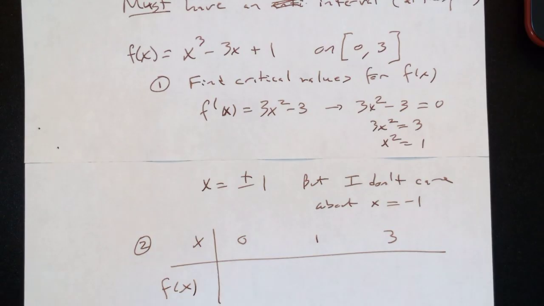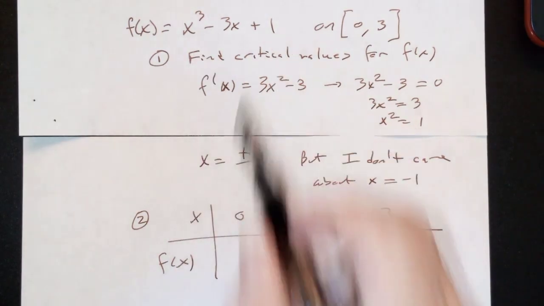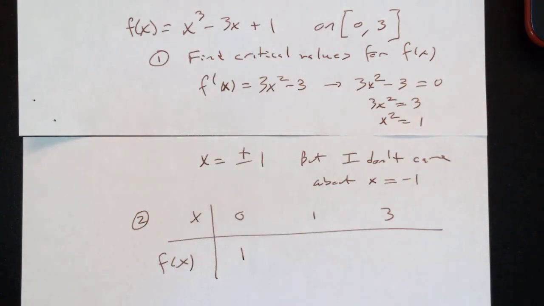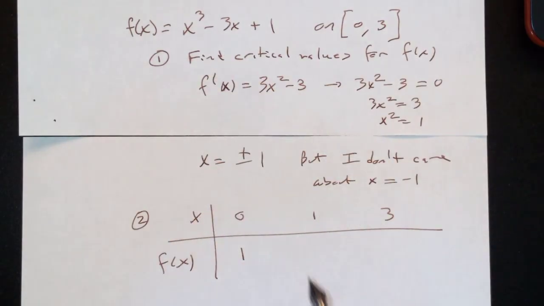Now all you have to do is take those x values and plug them in to f, not f prime, the original equation. So if I put in 0, I get 1. If I put in 1, 1 cubed minus 3 plus 1, I get -1.